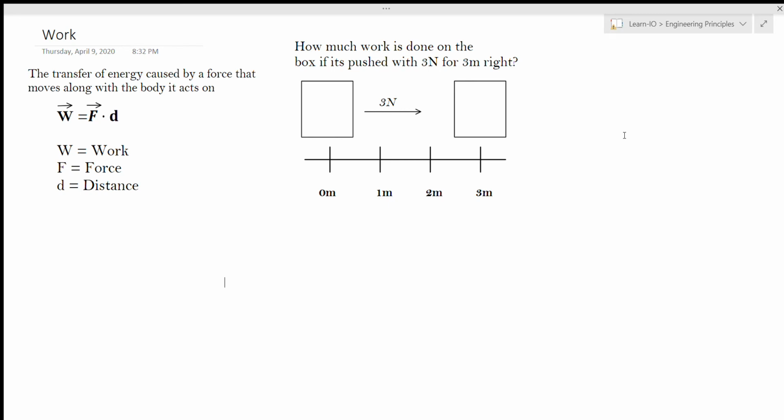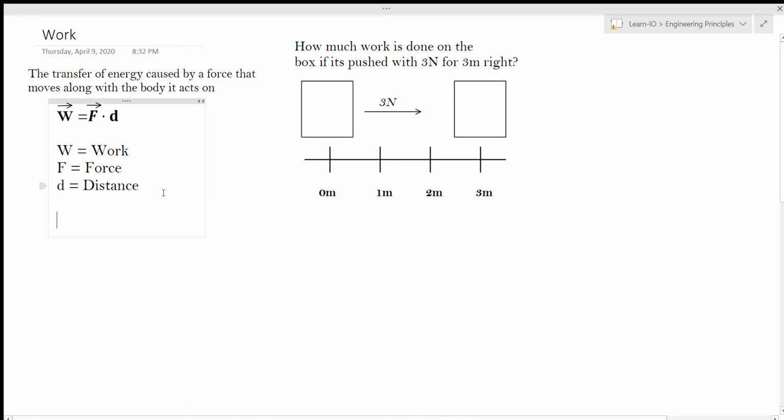To understand this, let's have a look at this first problem. It asks us how much work is done on the box if it's pushed with 3 newtons for 3 meters. So let's look at our equation.